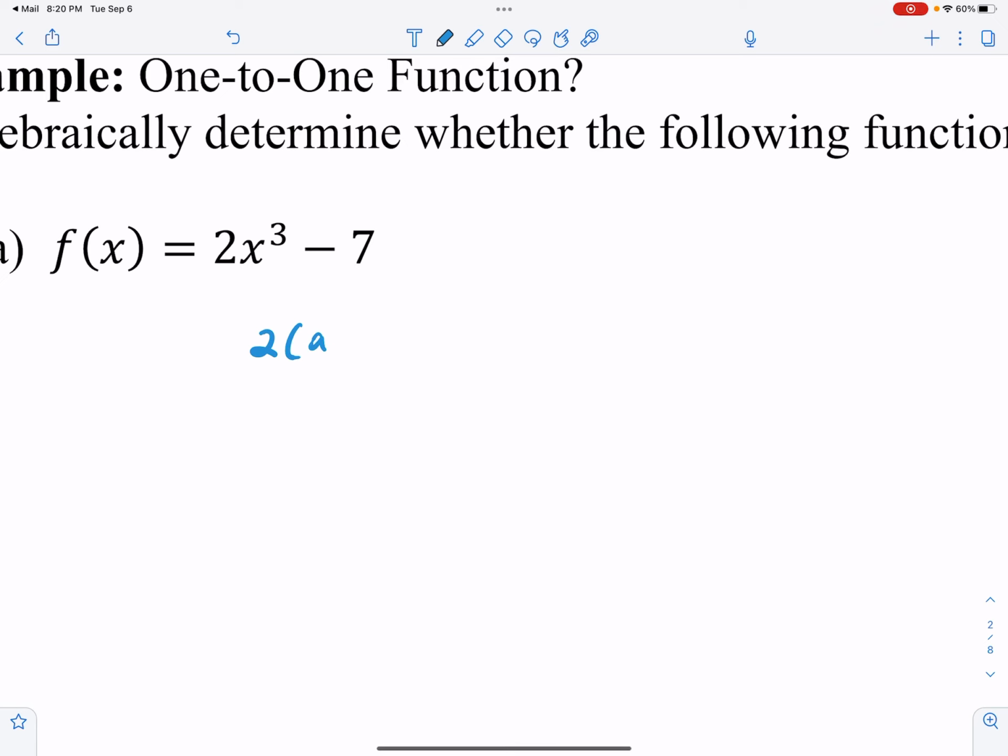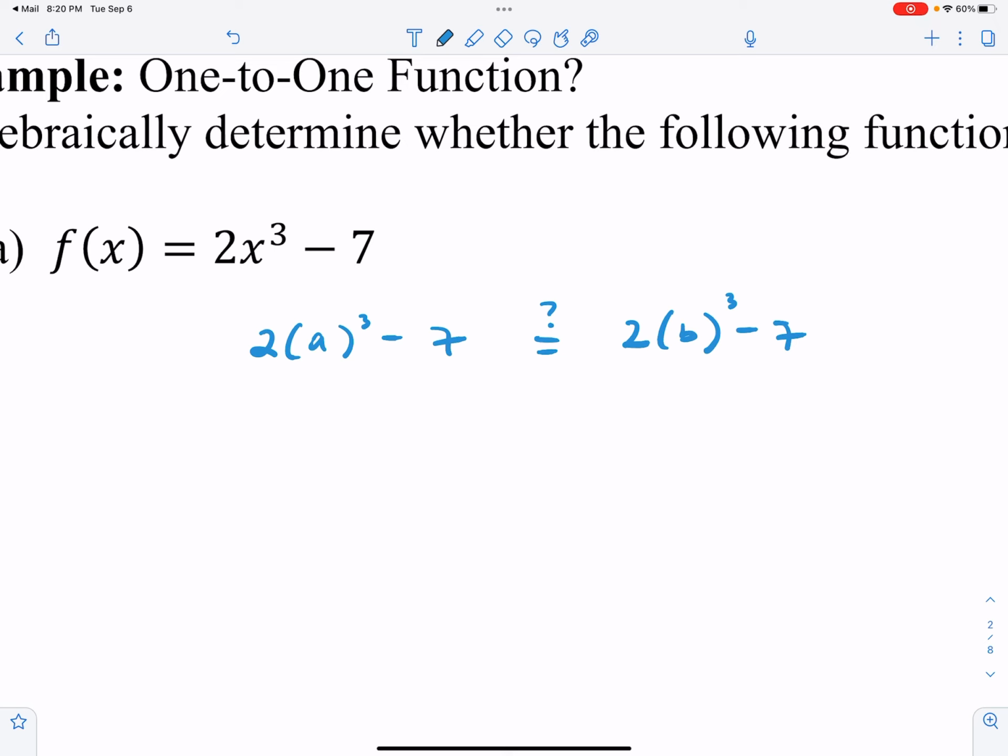So if I did 2a cubed minus 7, is that equal to 2b cubed minus 7? Now, if we can uncover and get down to a equals b, then the function will be one-to-one. So this is a proof, right? We're showing that a is equal to b, so we should be showing all of our steps.